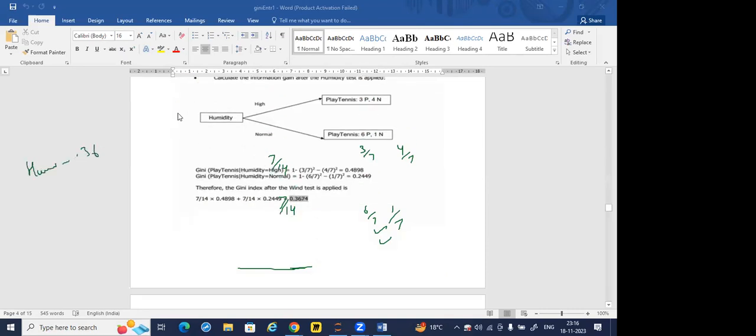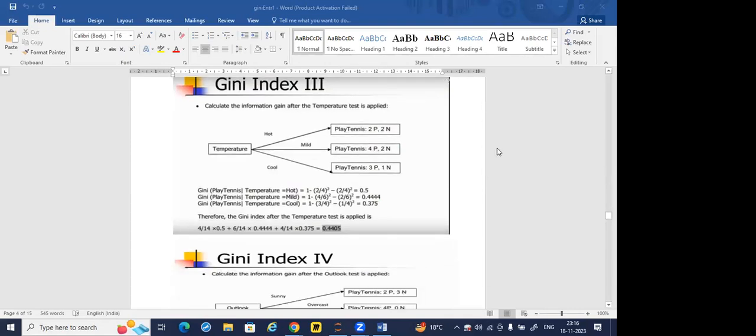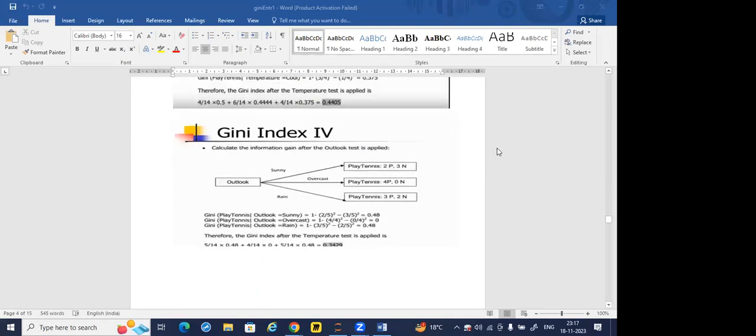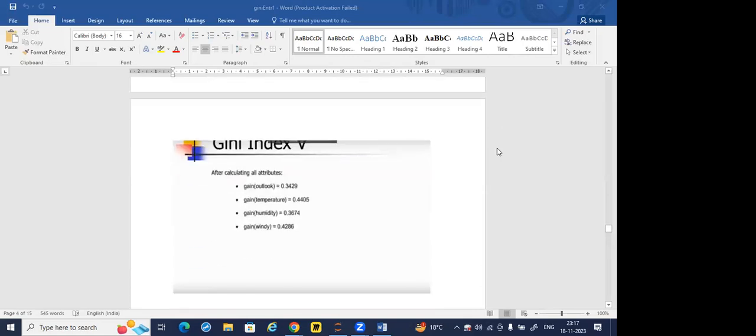In a similar way, one is to calculate the entire Gini for different temperatures, and it can be calculated for all the columns here. Okay, so what are the various values here?